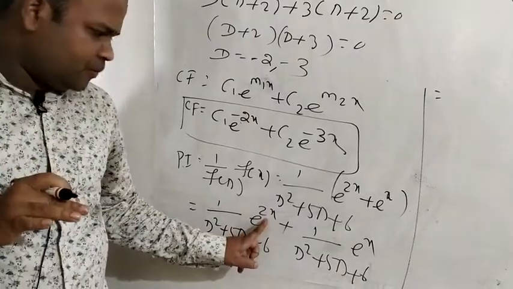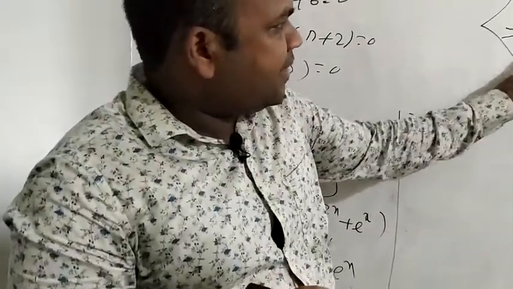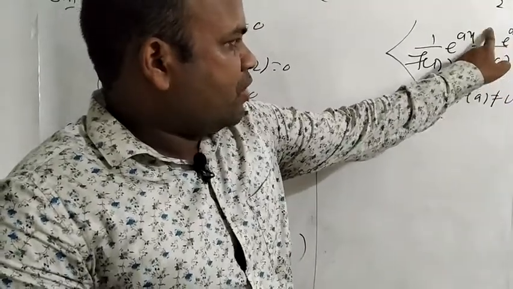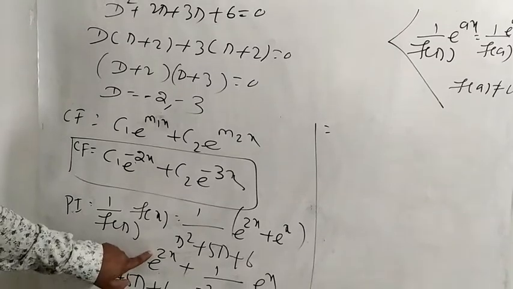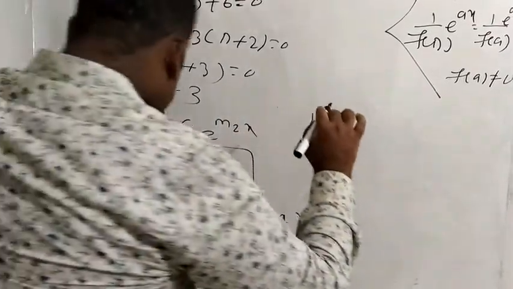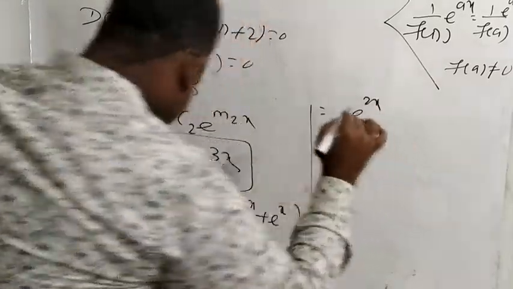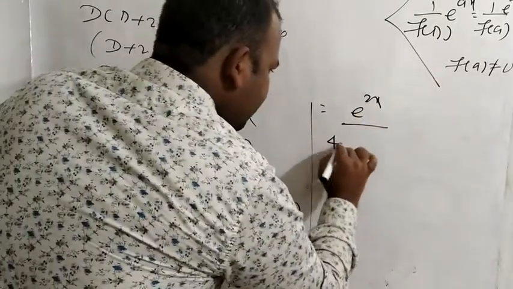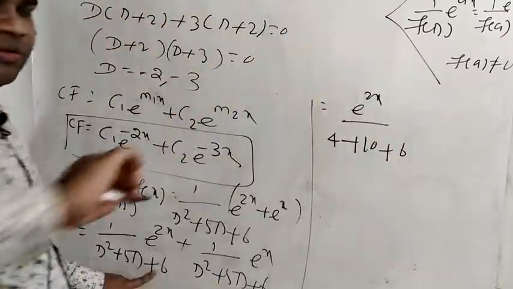a equals 2. In case of type first, 1 upon f of D e raised to ax equals 1 upon f of a e raised to ax. So what is the value of a here? 2. So that is e raised to 2x upon 2 square, 4 plus 10 plus 6, which is non-zero.